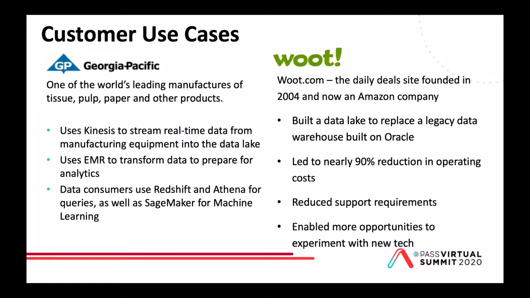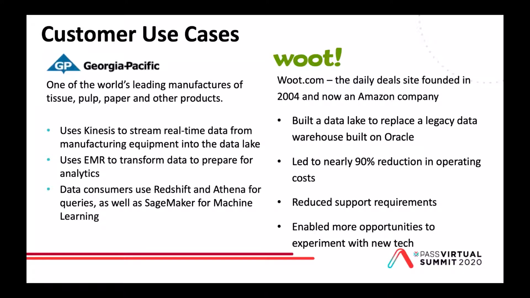To address the requirements for new data insights and less complex data collection, Georgia-Pacific implemented an operations data lake for advanced analytics, using Kinesis to stream real-time data from manufacturing equipment into the data lake, then transforming with EMR and analyzing the data with Amazon Redshift and Amazon Athena.